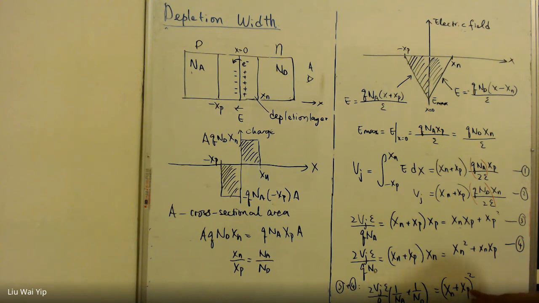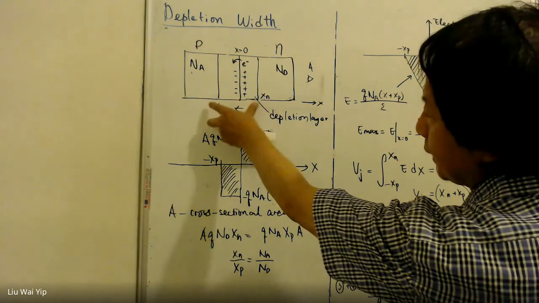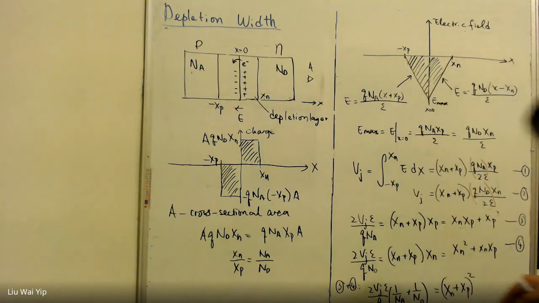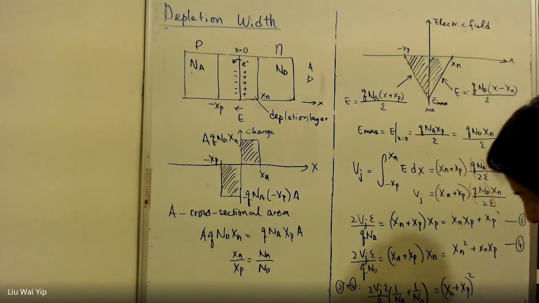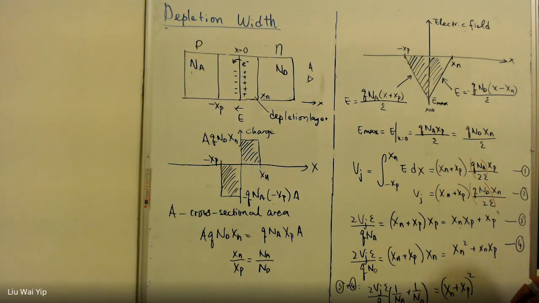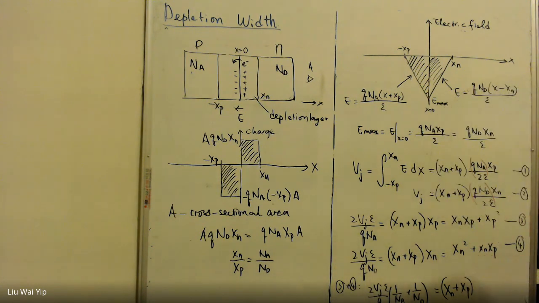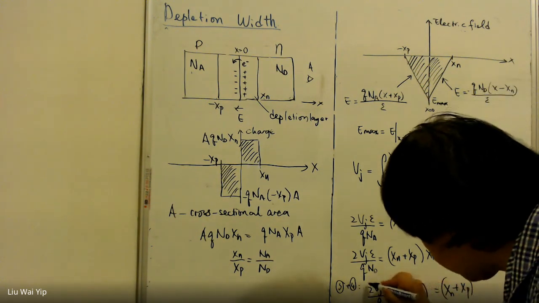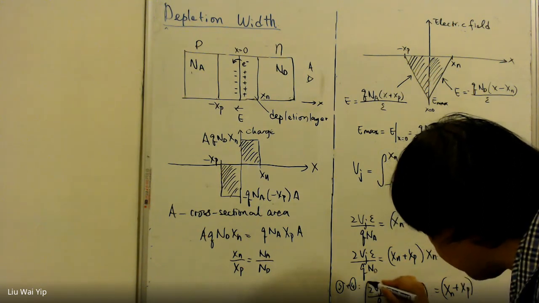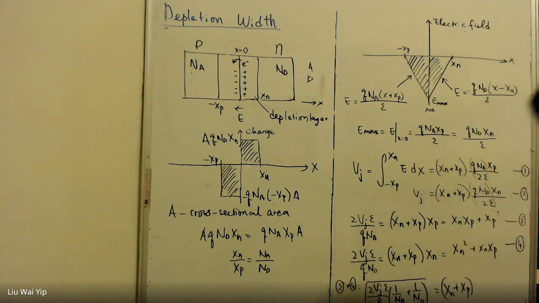Xn plus xp is the width of the depletion layer. So we can just simplify the expression on the right. So this is the final formula, and this is the depletion width.